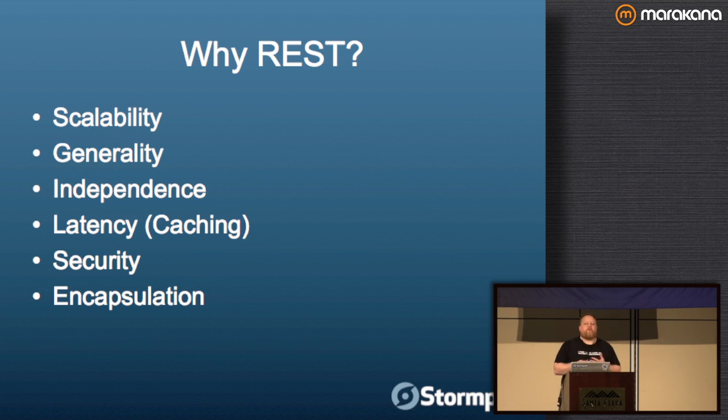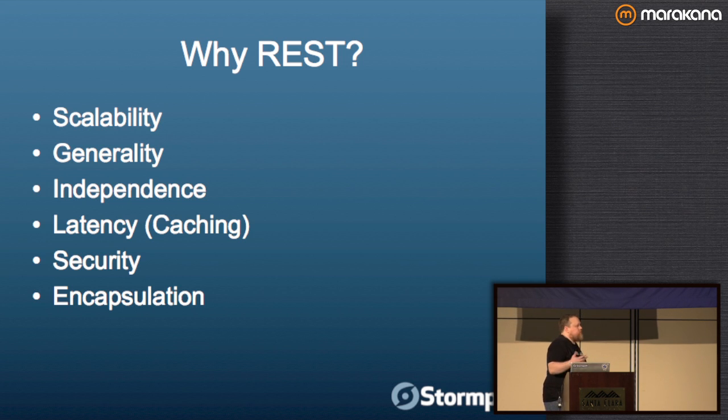Latency is also something really important that Fielding talks about in his thesis, specifically with regards to caching and HTTP caching, and it's often overlooked when people talk about RESTful architectures. So we'll cover some techniques that are beneficial to caching. Security is also built into the HTTP specification in the form of the authorization header, so you can leverage existing security mechanisms.